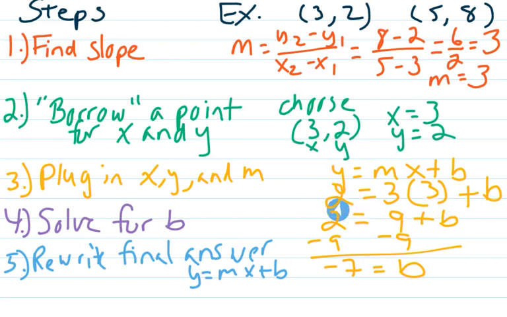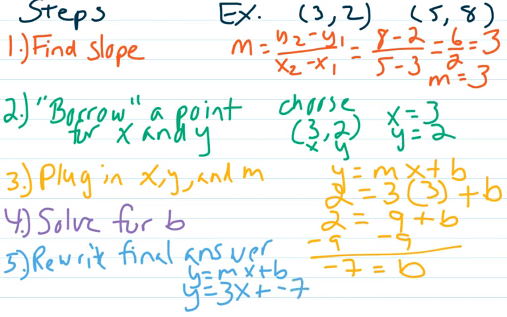So I'm going to give back the 2 and get my y back. The m we're keeping, we know the m value is 3. The x was borrowed, so we're going to give back the 3. We don't want that 3 to stay there. We're going to give it back and bring our x back. And now I have a number for the b. The b value is a -7.